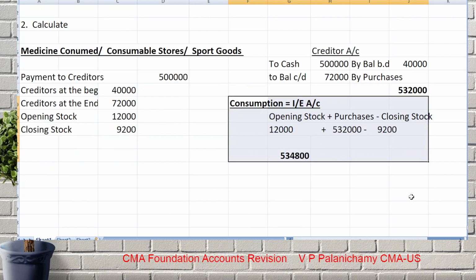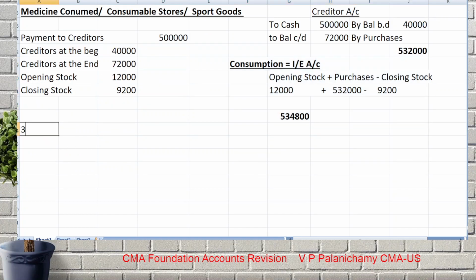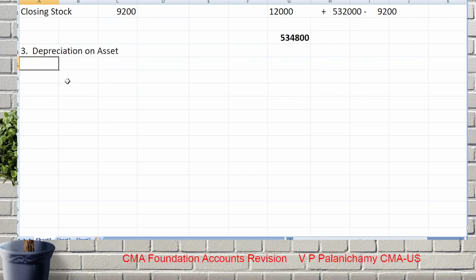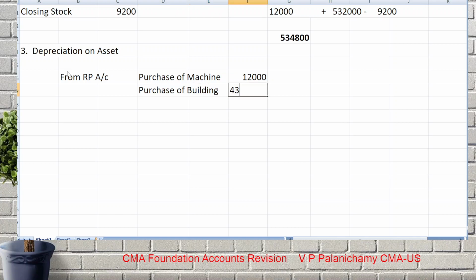Income and expenditure account. Third one, they will ask you to find out depreciation on assets. These kinds of questions can be asked. Okay, from the receipts and payments account, purchase of machine 12,000, purchase of building 42,000, 43,000, and they would have given opening balance and closing balance.